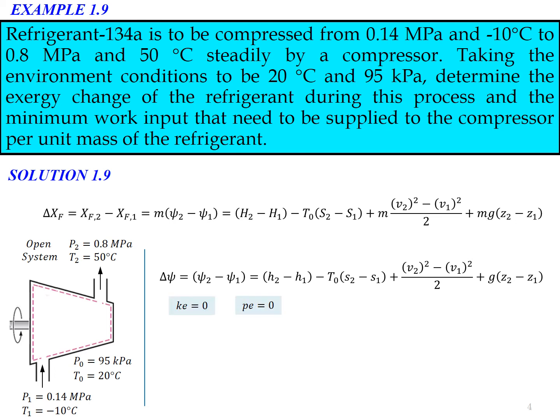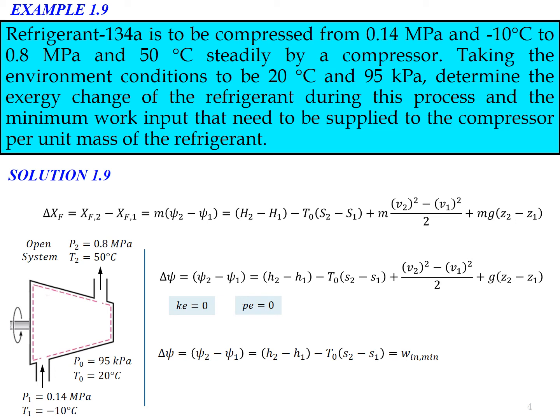Okay, so now we ignore kinetic energy and also potential energy, so we will simplify the equation of exergy for exergy per unit mass, where delta psi equal to H2 minus H1 minus T0 multiplied by S2 minus S1, and this value also represents the maximum potential of the compressor, which is referred as W in minimum, because the system involved is the compressor.